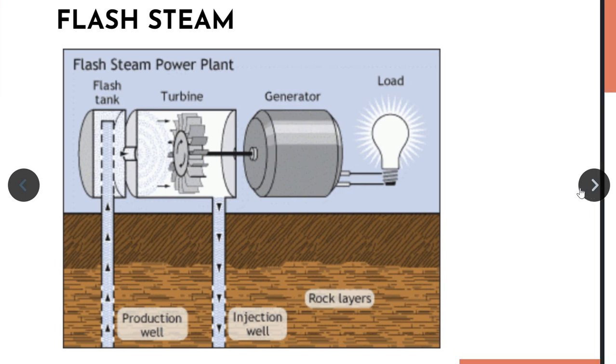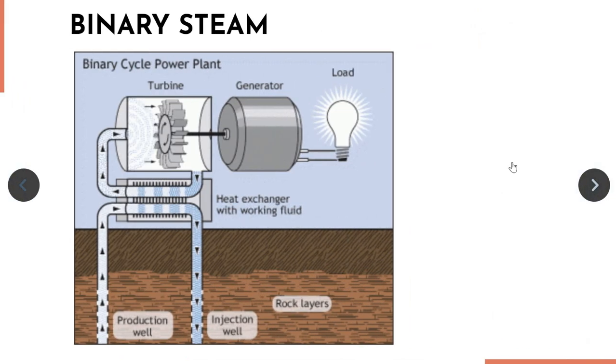The third type is binary cycle power plant. Most geothermal areas contain moderate temperature water below 400 degrees Fahrenheit. Energy is extracted from these fluids in binary cycle power plants. Hot geothermal fluid and a secondary, hence binary, fluid with a much lower boiling point than water pass through a heat exchanger.